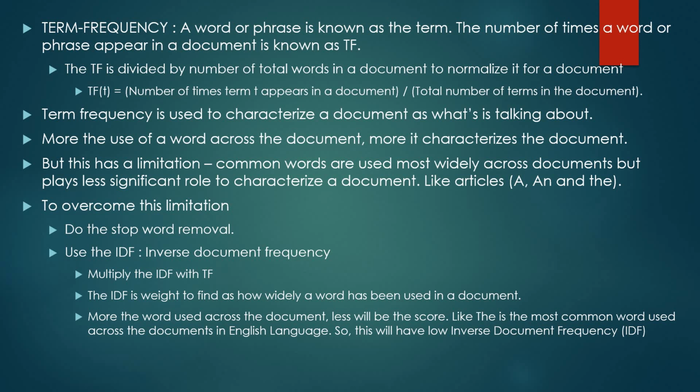In a large document, there are a number of words. In a smaller document, there are fewer words. So the term frequency for any particular word in a smaller document will be less compared to larger documents. Since we don't know what kind of document can come, it could be a small document, it could be a big document, usually this term frequency is divided by the total number of words in a document to normalize it.